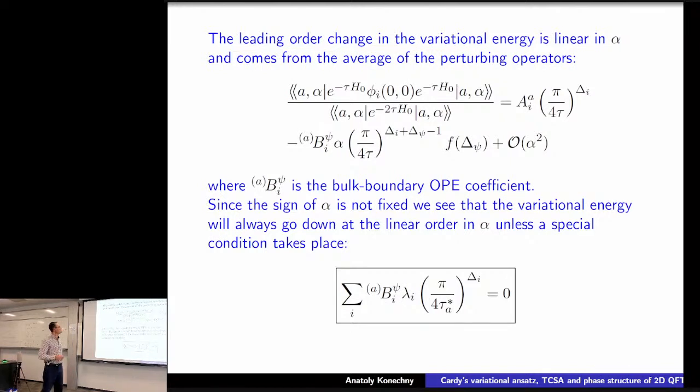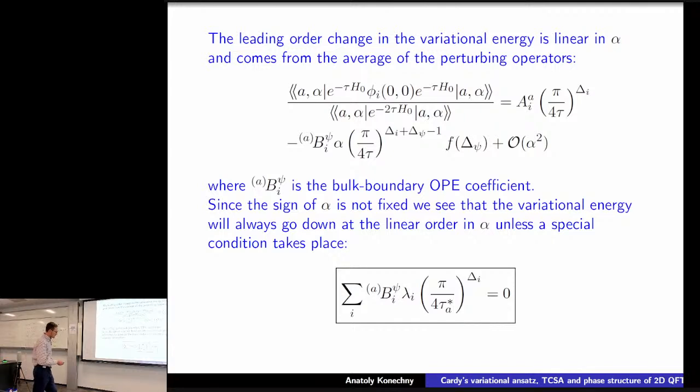So if that term is there, then you can always choose the sign of your coupling so that, whatever the signs of the bulk boundary coefficients are, it will bring the energy down. So then it will not be a stable minimum, and that gives us a certain condition, which I boxed here, which comes from requiring stability of your variational minimum under perturbations.